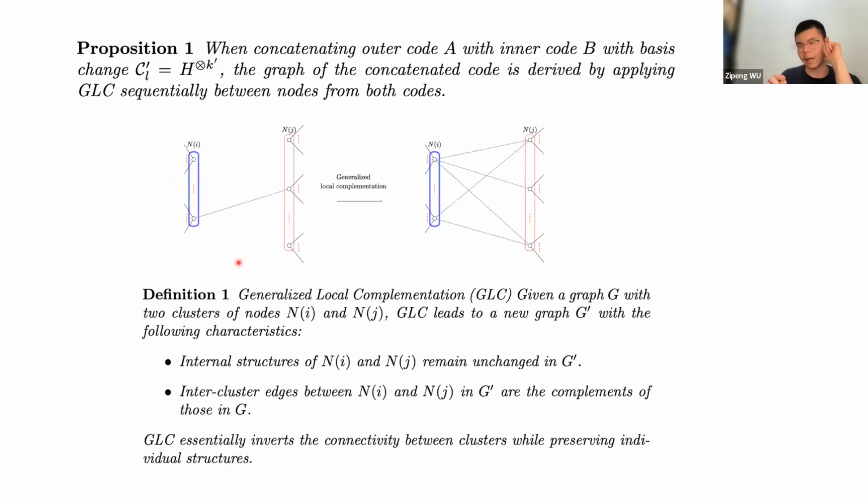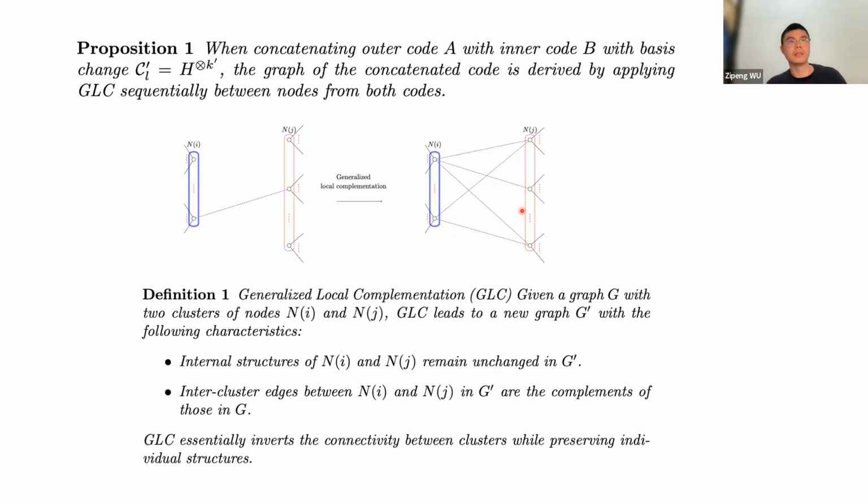The generalized local complementation is straightforward from this diagram. We have two clusters of nodes over here, and there may exist some edges between these two clusters. The generalized local complementation is that the edge set between these two clusters is the complement of the original edge set.